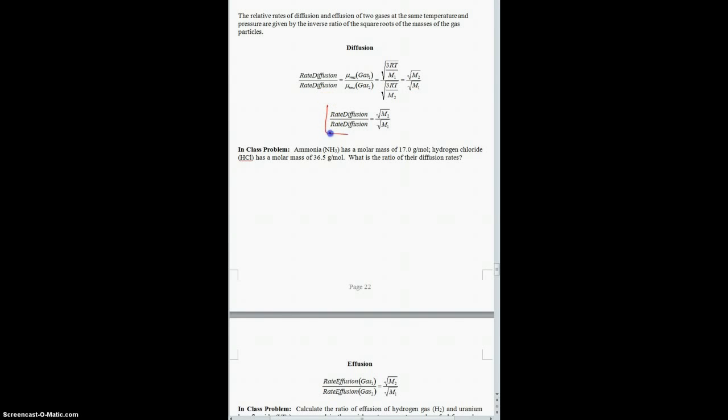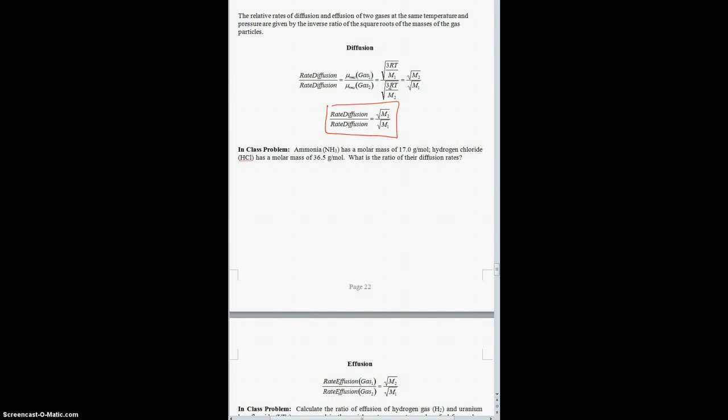Instead, we'll be comparing the rate of diffusion or effusion for one gas versus another. The relative rates of diffusion and effusion of two gases at the same temperature and pressure are given by the inverse ratio of the square roots of the masses of the gas particles. This is essentially combining the proportionality equations we were talking about earlier.